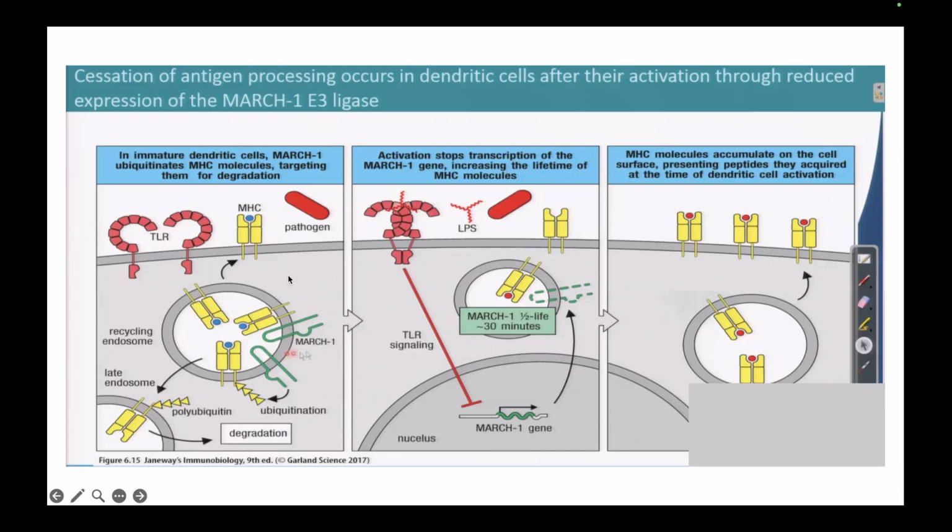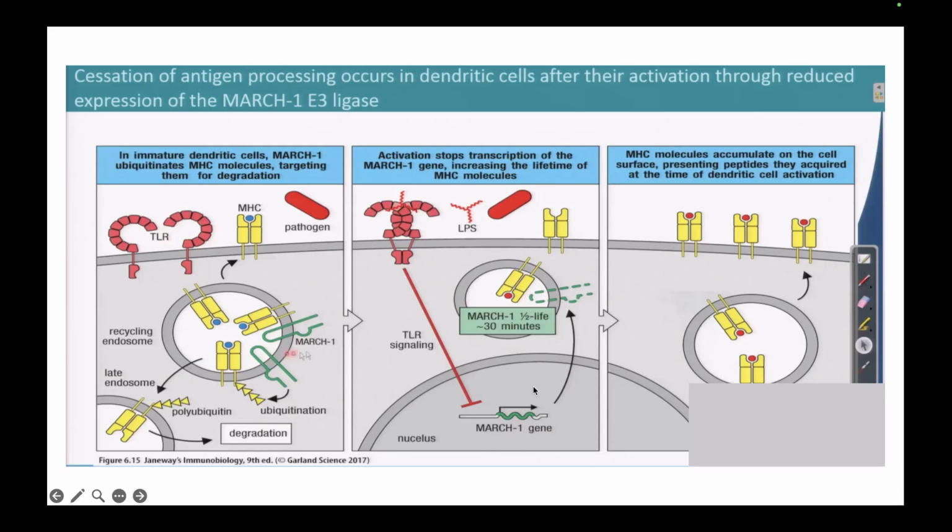But when the cell encounters a pathogen, the activation stops. The activation of toll-like receptors, TLRs, takes place, with dimerization and activation. Their activation gives a signal to the cell via TLR signaling, which inhibits the transcription of the MARCH1 gene.